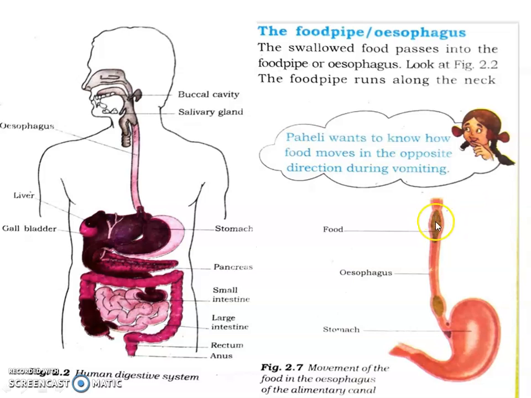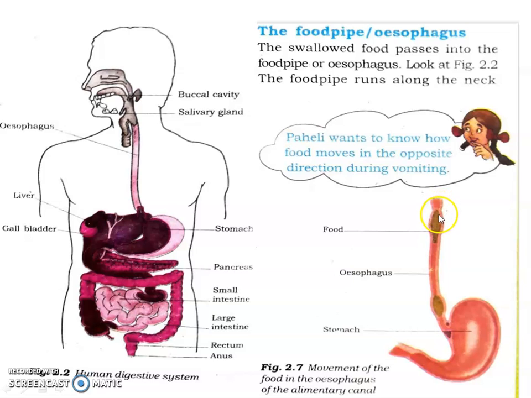You can see diagram 2.7, movement of the food in the esophagus of the alimentary canal. This is the food, and this is the esophagus. The food is moving in this direction, and this is the stomach.